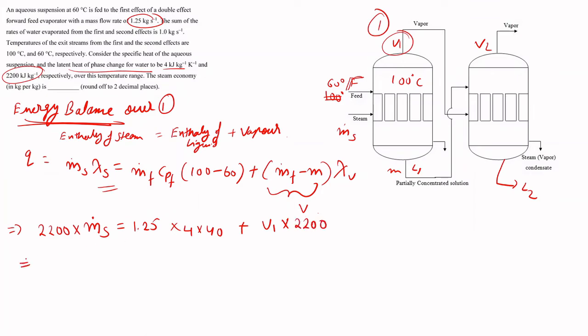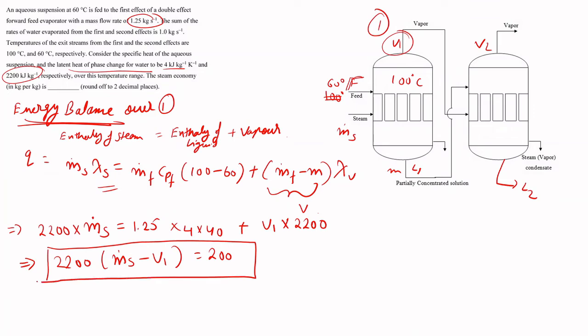Okay, so we can simplify this equation and write it as 2200 into m dot s minus V1 is equal to 1.25 into 4 is 5, 5 into 40 is 200. So we have this after writing the energy balance over the first system.